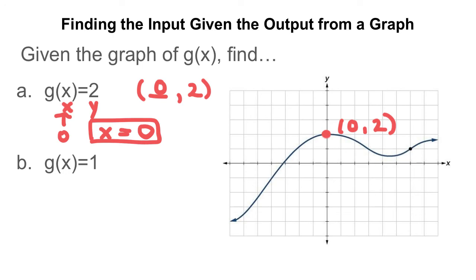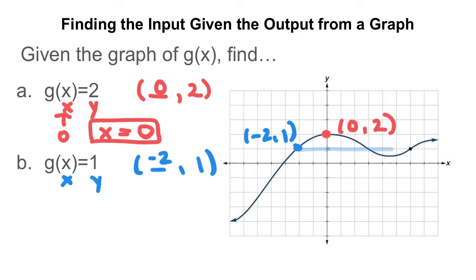For the next one, we don't know what x is, but we know that y should be equal to 1. So I could write the point as something, 1. Now when I go to 1 on the y-axis, I have a point here at -2, 1. So I can fill in a -2.